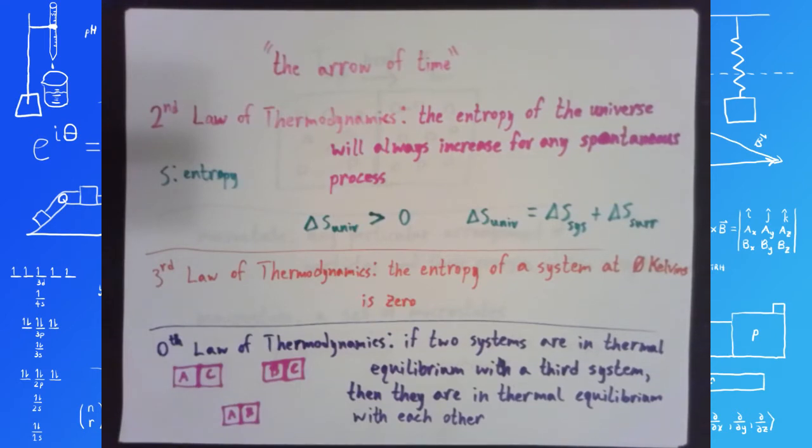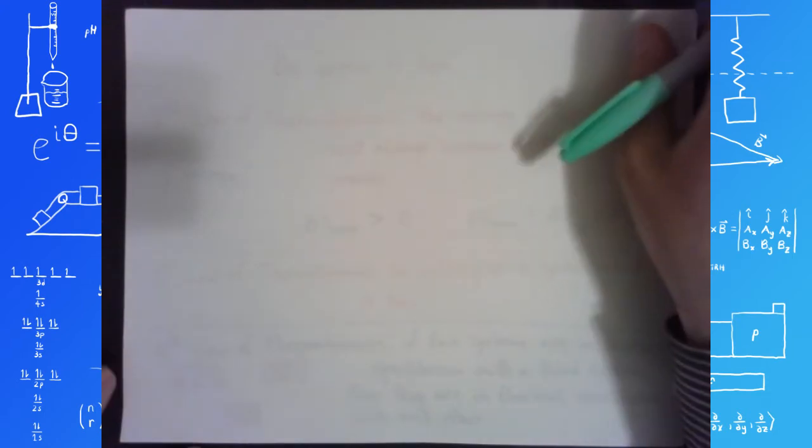Before we do some problems, I need to talk about the notion of standard conditions. So when we do thermodynamics, we're going to talk about standard conditions a lot. In thermochemistry, we define standard conditions as being a pressure of 1 atmosphere and a temperature of 25 degrees Celsius.